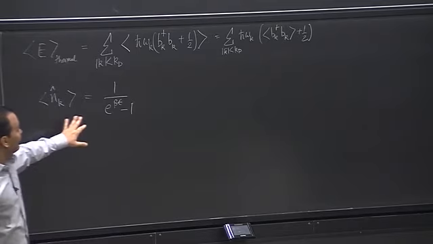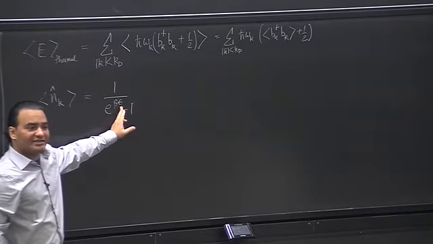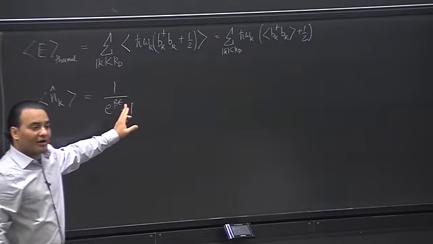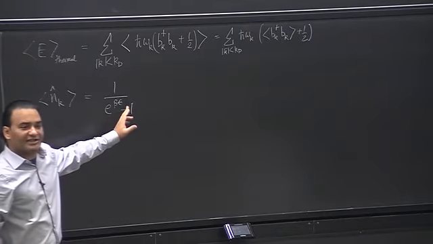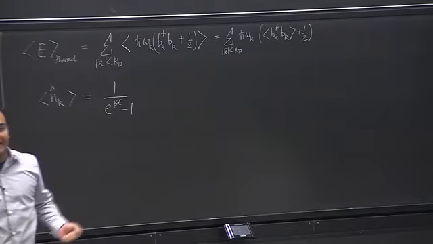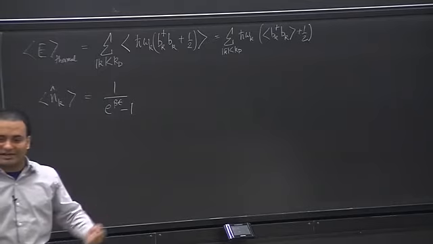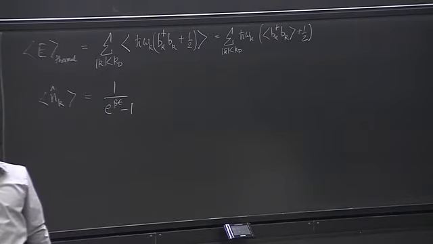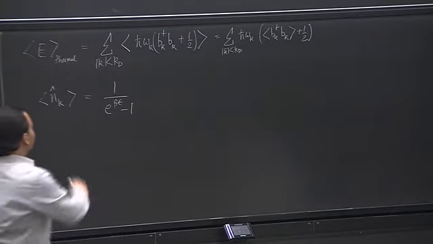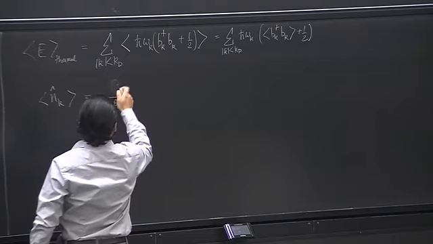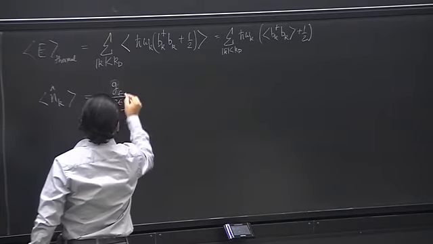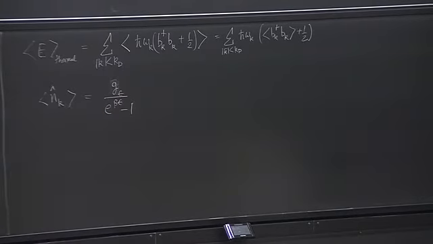But in general, you may have many energy states, or you may have additional degeneracies. So for a given energy state, if the degeneracy is, say, G epsilon, then you have to multiply this by G epsilon. There is no such factor for Fermi statistics. It's bound by Pauli's exclusion principle.